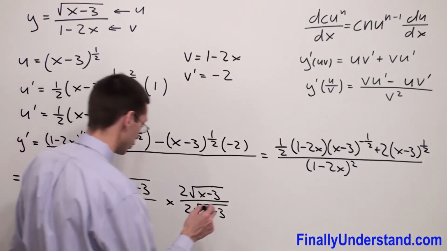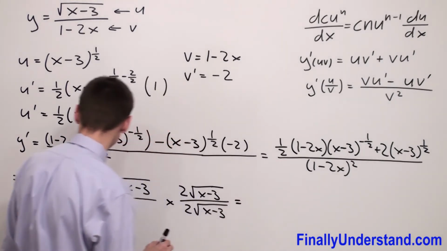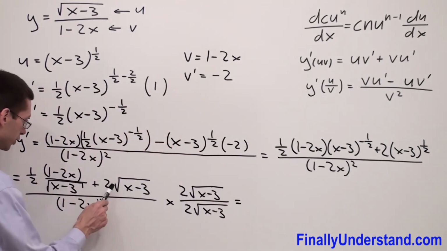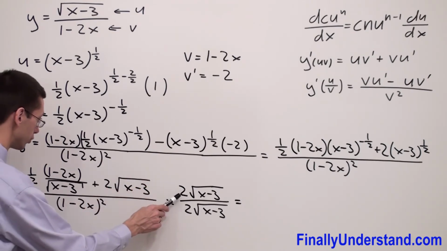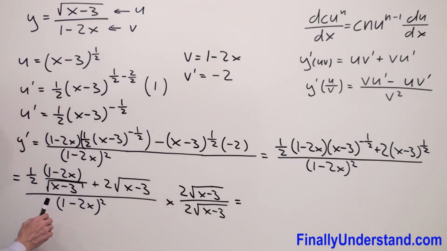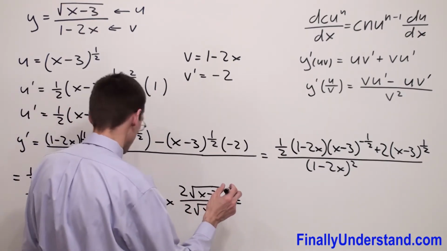So how is it going to look? This is equal to, if you are going to multiply every single term in the numerator by 2 square root x minus 3, what will happen? Let me write this step by step.